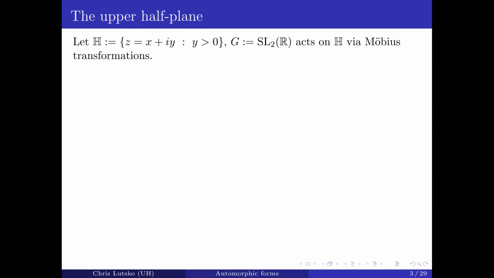Okay, but starting with the basics. We're going to start with the upper half plane, and G will be the group of isometries on the upper half plane, SL2R, acting via Mobius transformations.